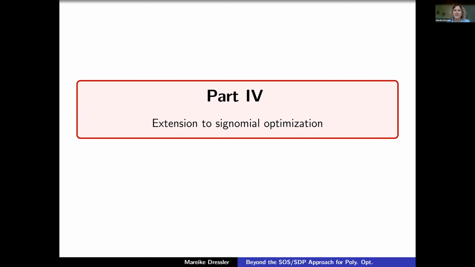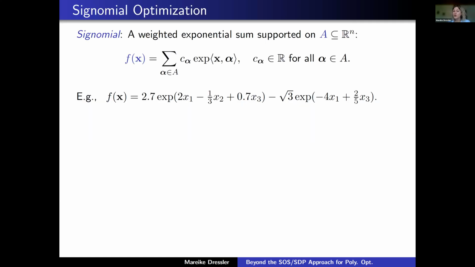So let's see what a zygnomial is. A zygnomial is a weighted linear combination of exponentials of linear forms. They look somehow like so, and the thing is that the exponents are real.